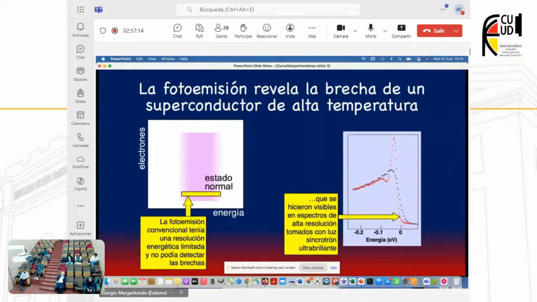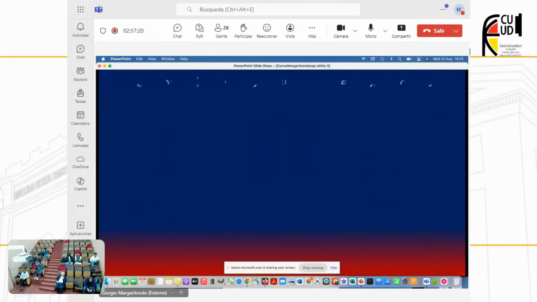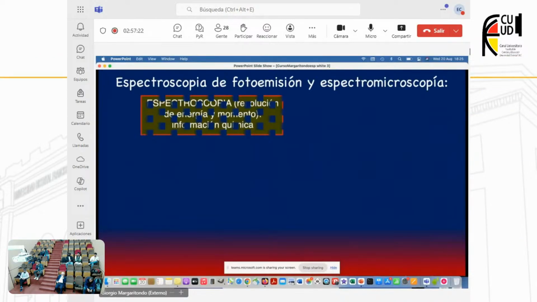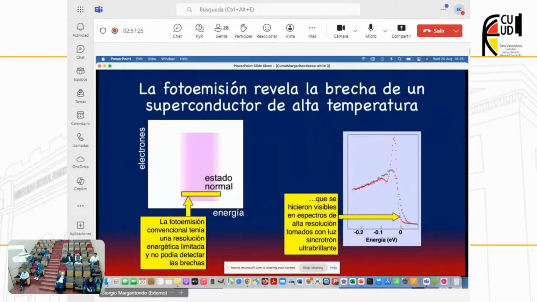This is what is called in jargon the S-wave superconductivity, or is it not? Well, the experiments actually showed that the phenomenon is not isotropic, it changes with the direction, and this sets a very stringent condition for all the theories of superconductivity. And so that's another example.